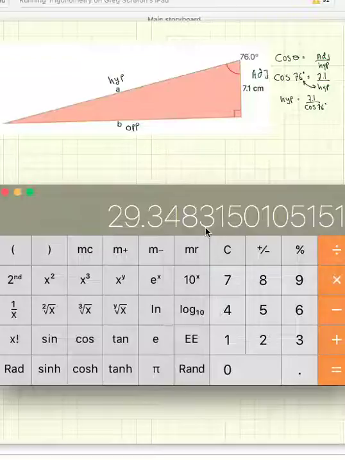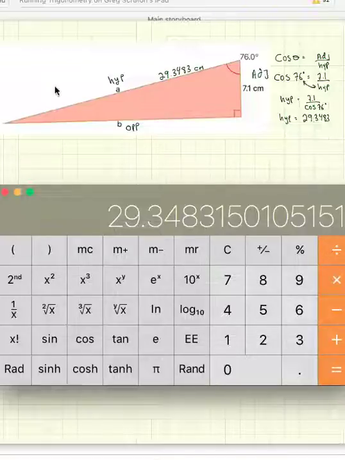All right, so our hypotenuse, or I could say A, is 29.3483. All right, so I'm just going to put that on my diagram. 29.3483 centimeters.